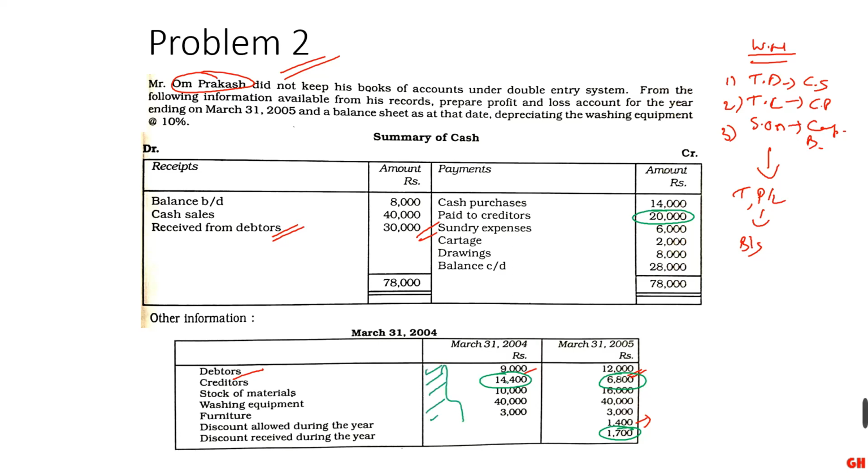We have to put this information in the statement of affairs, plus we will take this 8,000 into consideration, because this is the closing balance of cash, and cash is an asset. So debtors will be an asset, creditors will be a liability, and stock of material, washing equipment and furniture are all assets. The only liability is creditors, and cash will be an asset.